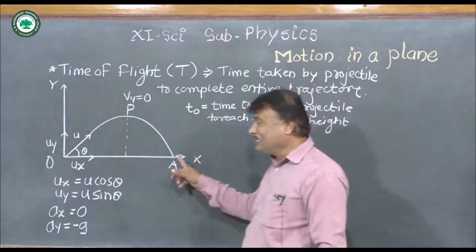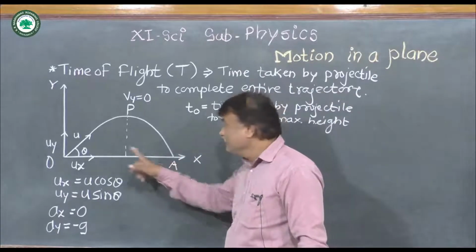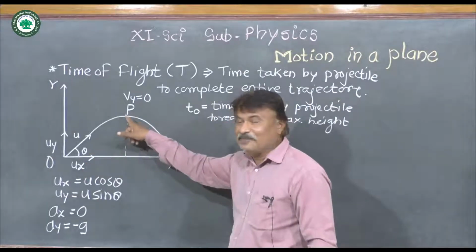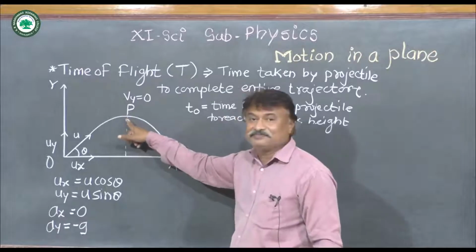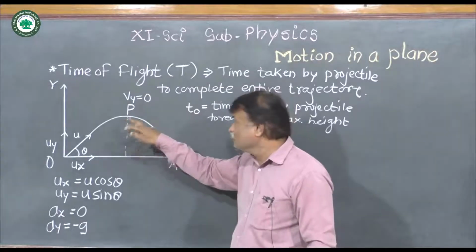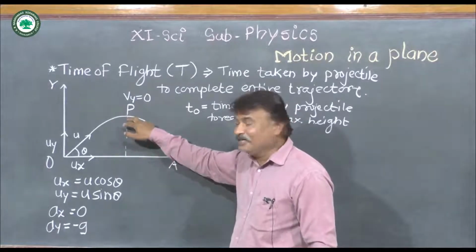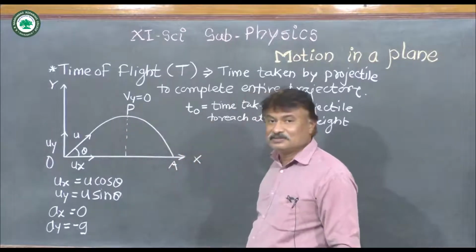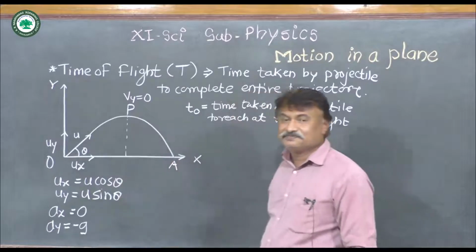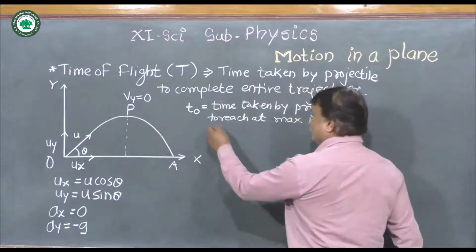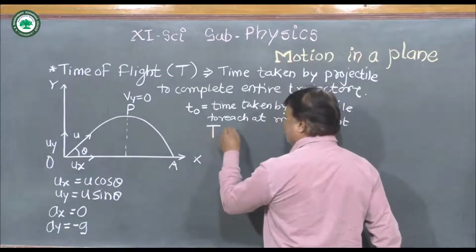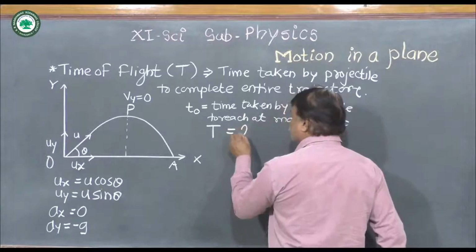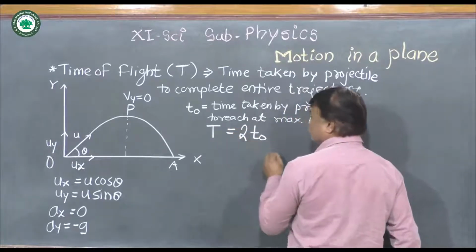For this entire trajectory, t0 is the time taken to reach maximum height, and also t0 is the time taken to reach from maximum height to ground. As the trajectory is symmetrical, we get time of flight T equal to 2 into t0.